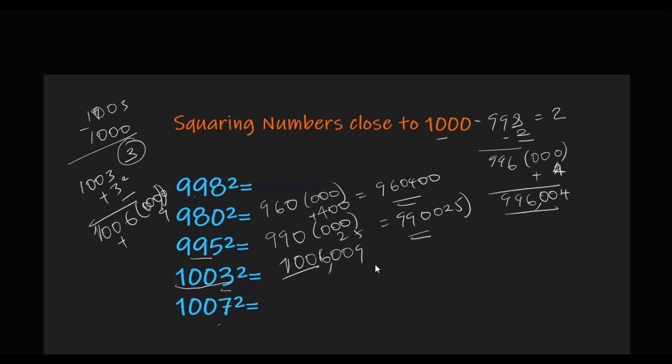Now, having done this one and also having done squaring numbers that are closer to 100, I believe this one will not be a big problem, yeah? Because now you know what is 7 squared and what is 7 plus 7, which gives you 1014. And you want to add 49, the square of 7.